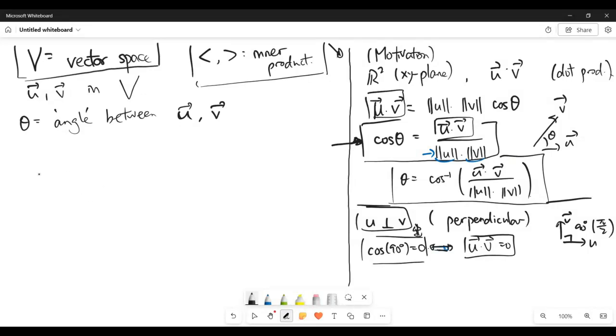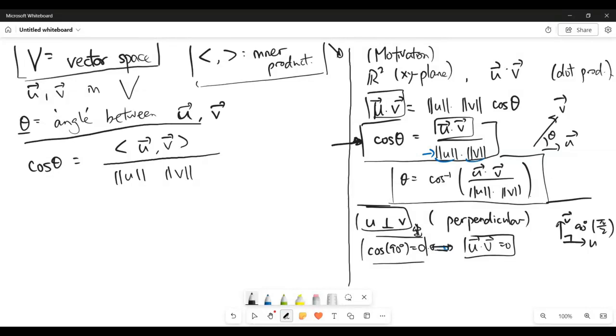Now we can think of exactly the same formula. The angle theta is defined by cosine theta, which is the same formula as before, except that the definition of inner product does not have to be the dot product anymore. You would see that this formula is really the same as the one on the right hand side. Moreover, we'll look at when the two vectors are perpendicular to each other.